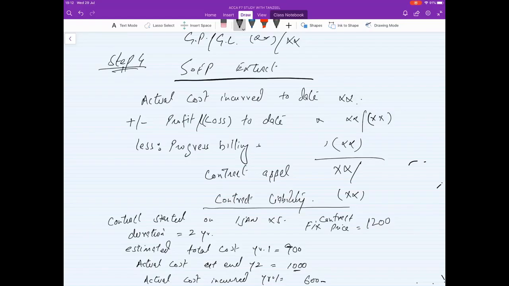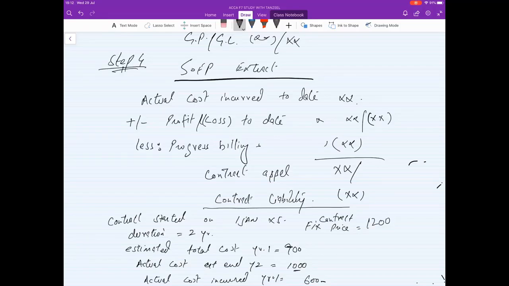Suppose I did a contract with you for 100,000, and after 1 year I did 60% already. Can you give me half the money, or 60% of the money, because I have done 60% of the job already? So progress billing is how much you have billed your customer, how much you have received so far.